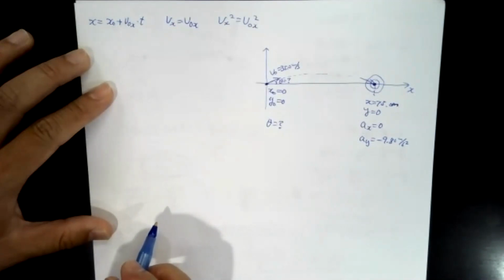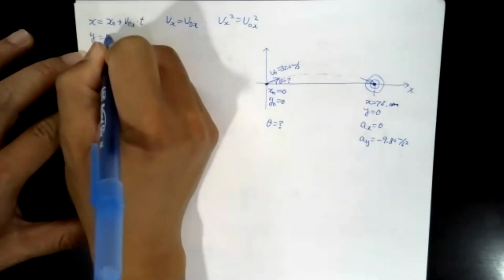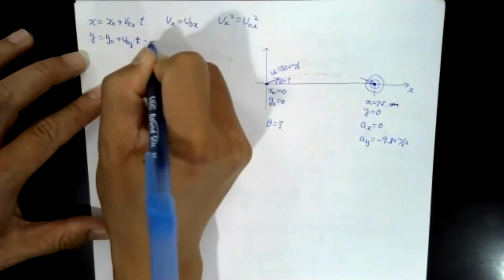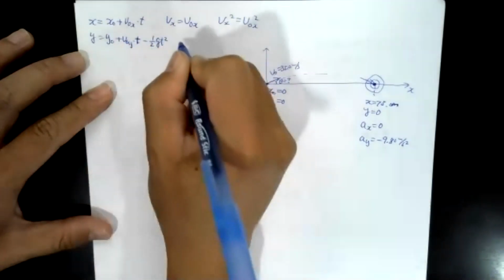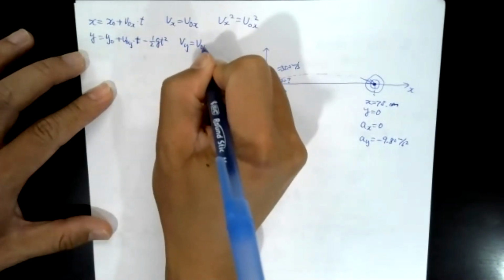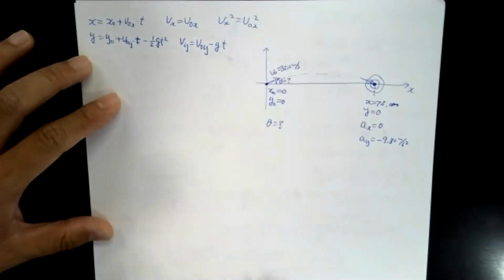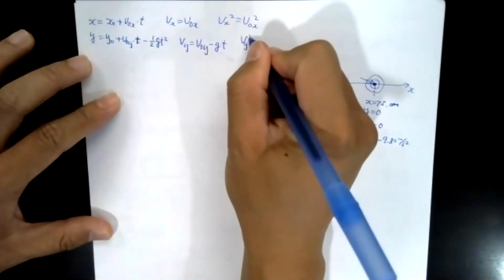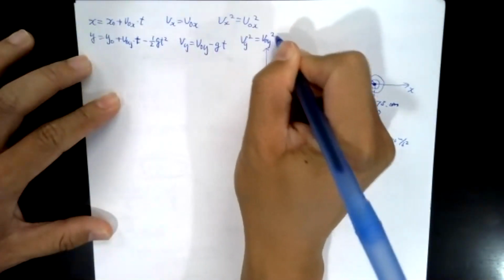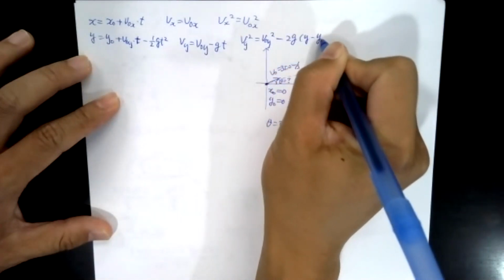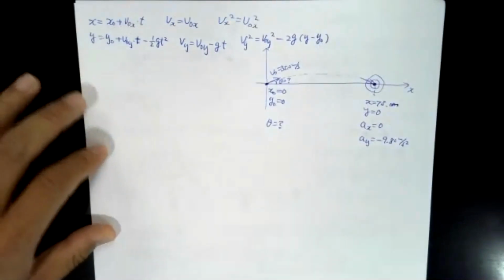And then in the y direction, y is equal to y0 plus v0y times t minus 1/2 g t squared. Vy is equal to v0y minus g t. And then the last equation will be vy squared equal to v0y squared minus 2g of y minus initial y, or delta y, either way.